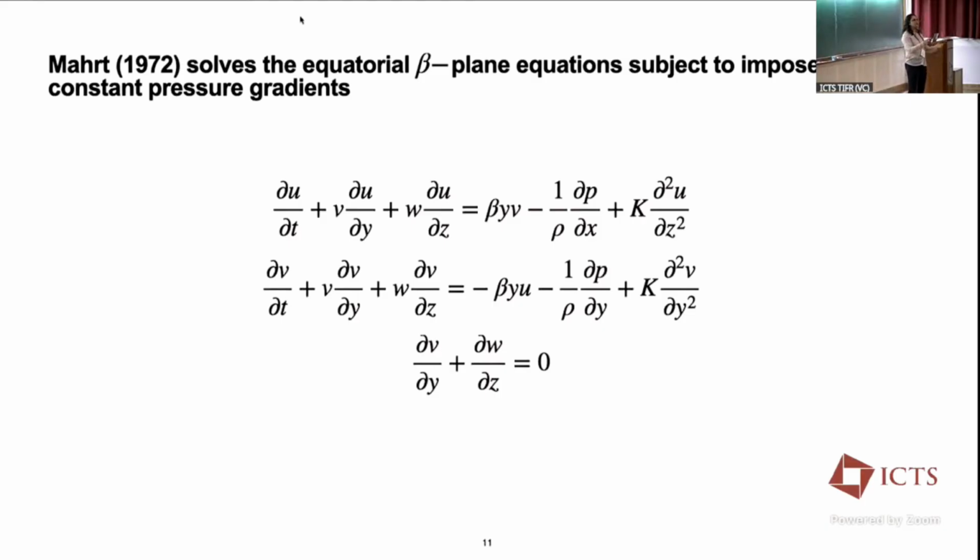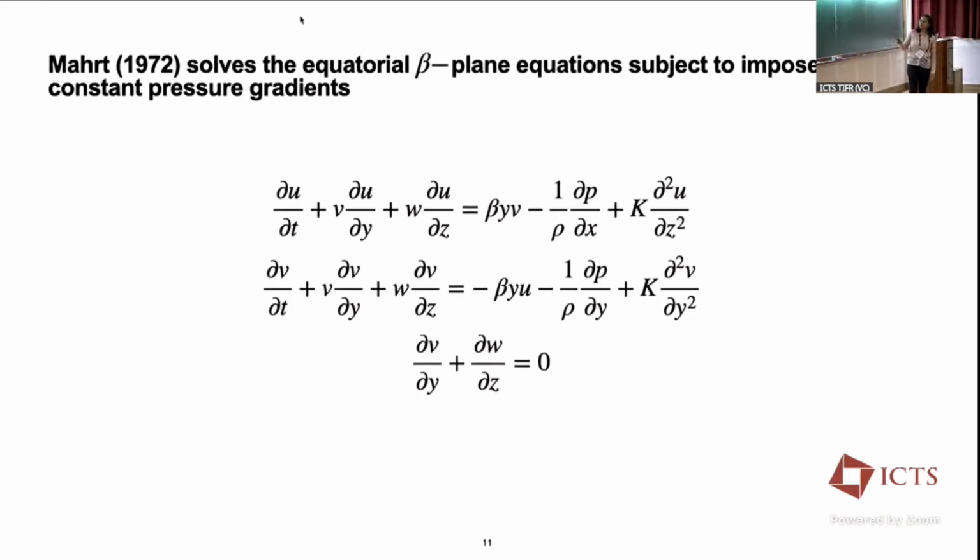Some of you who have signed up for the other project have seen these equations, and I think Harshit already had coded this up, and we saw some solutions. These equations are different from the Ekman balance: of course, they have the advection term, but they also write the Coriolis in terms of the beta plane, where they use the small angle approximation.